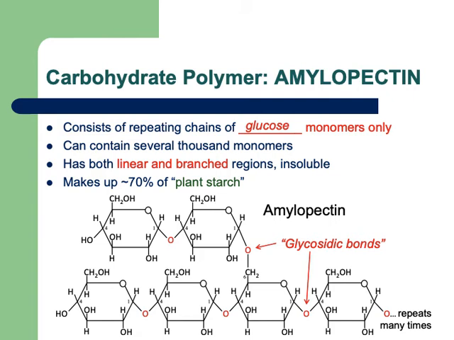And this is what makes amylopectin branched. It has carbon 1 to carbon 6 linkages. And you can see this in the picture. You can find the carbon 1 and you see the carbon 6 of another glucose, and we see a bond there. That's why amylopectin has a branched region.